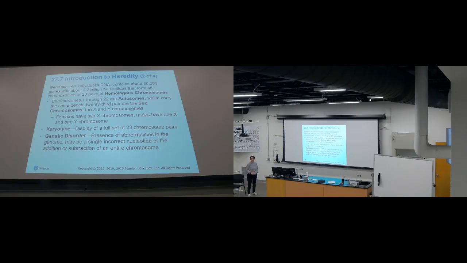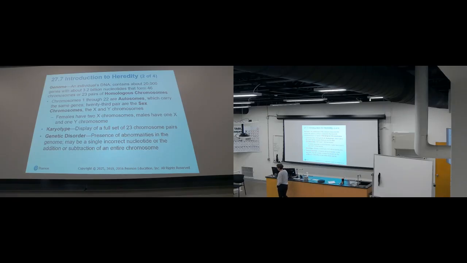Within our DNA, our genome, we have about 3.2 million nucleotides, and these form 46 chromosomes that pair in analogs that we call homologous chromosomes. Basically, these chromosomes have the same information.